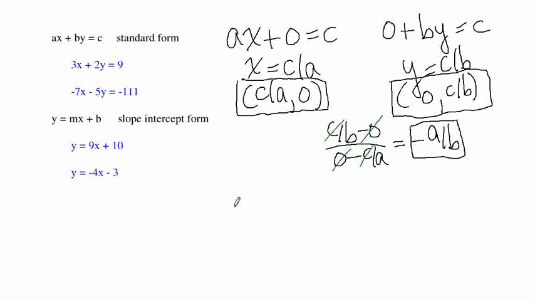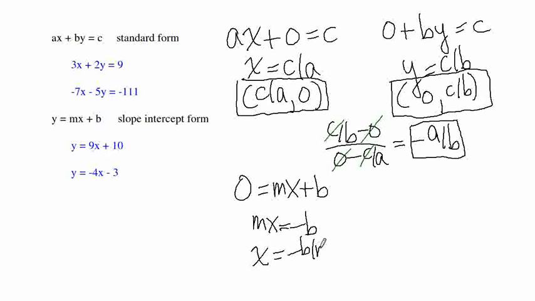So, setting y equal to 0, I get 0 equals mx plus b. So, mx equals minus b, so x equals minus b over m.